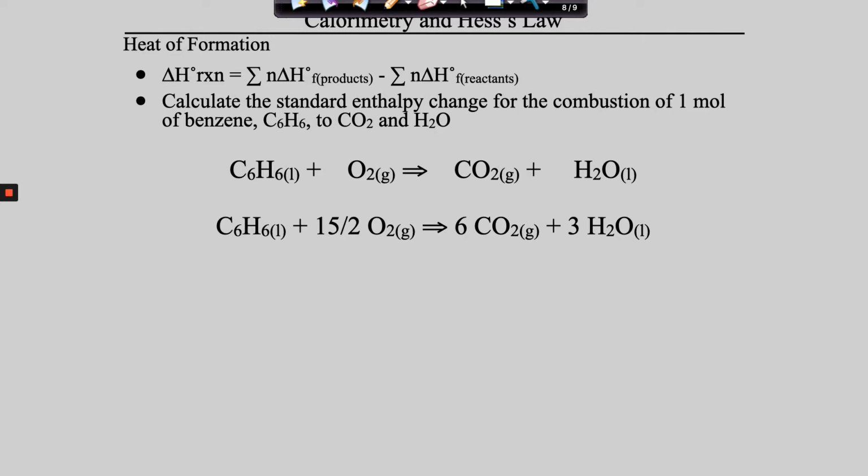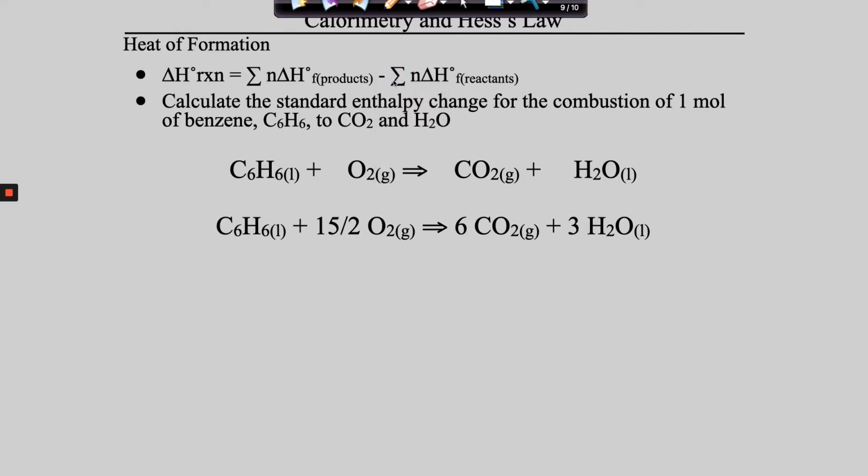15 halves. So what you would have actually ended up with would have been a 2 and a 15 and a 12 and a 6. But the problem is that it's got to be 1 mole of benzene, so you've got to divide everything by 2, and you end up with 15 halves of a mole of oxygen. But guys, regardless, what we need to do is solve this, and we're going to do this together.